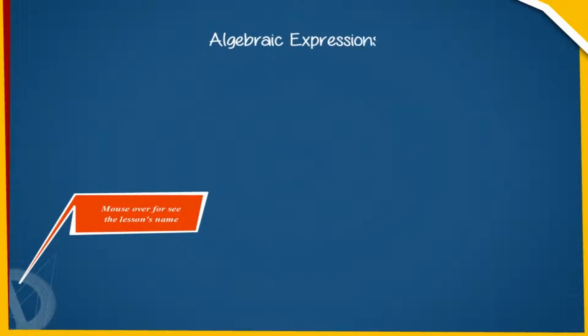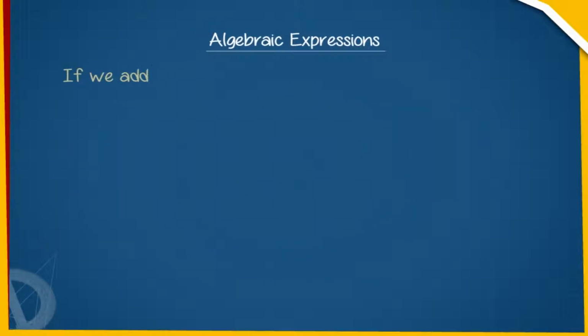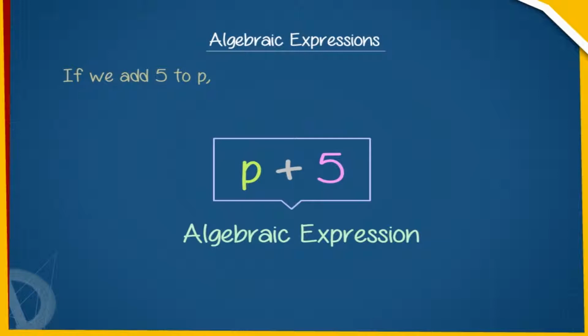Algebraic expressions. If we add 5 to p, we write the sum as p plus 5. Such an expression is called an algebraic expression. An algebraic expression has variables and constants.